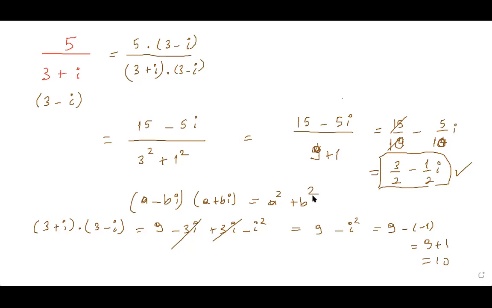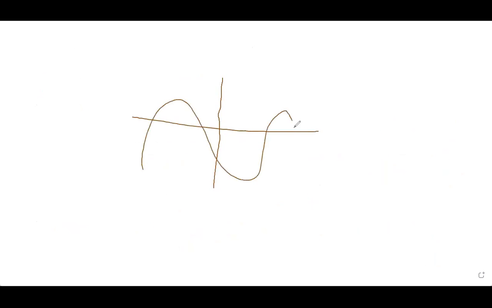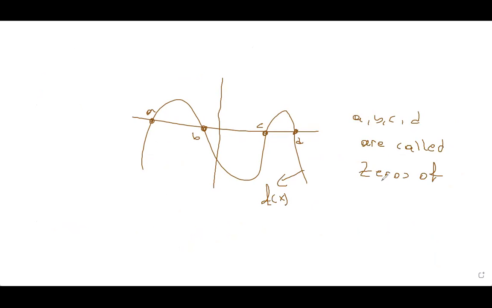Let me explain one more time here. Whiteboard, clear. Graphically, let me talk graphically. These points, if I say A, B, C, D, are called zeros of f of x.